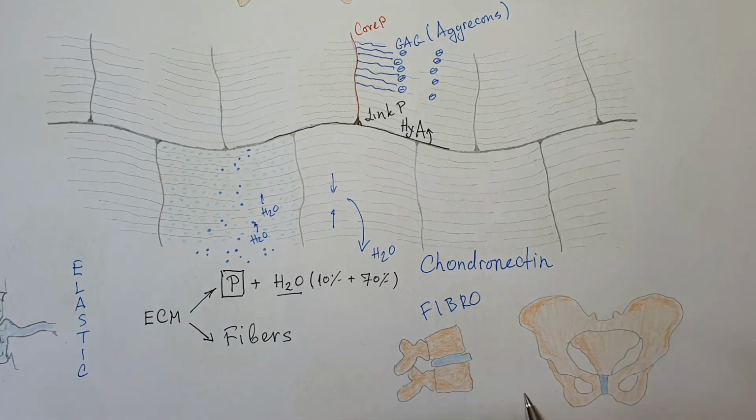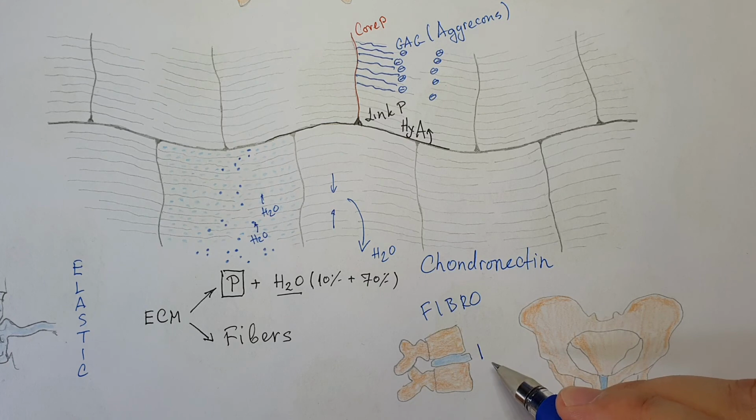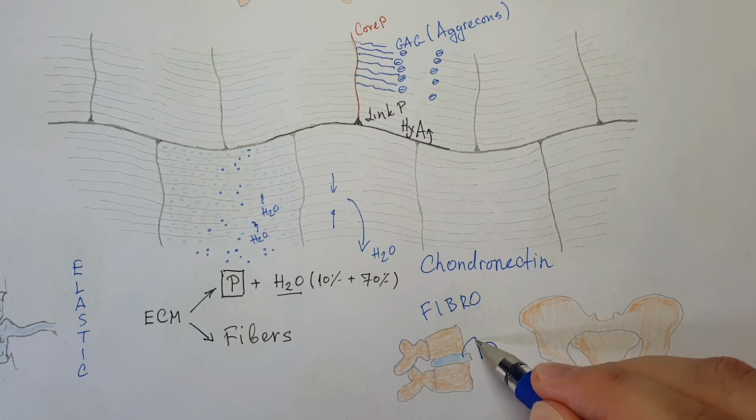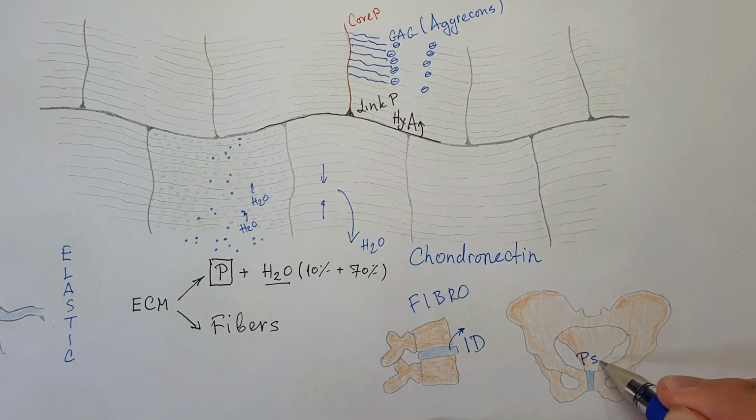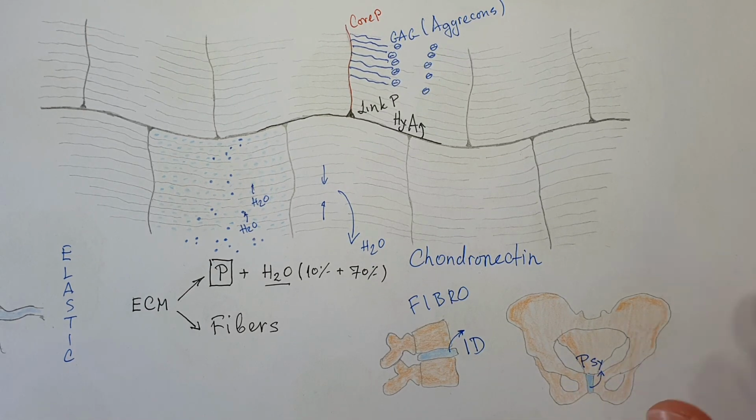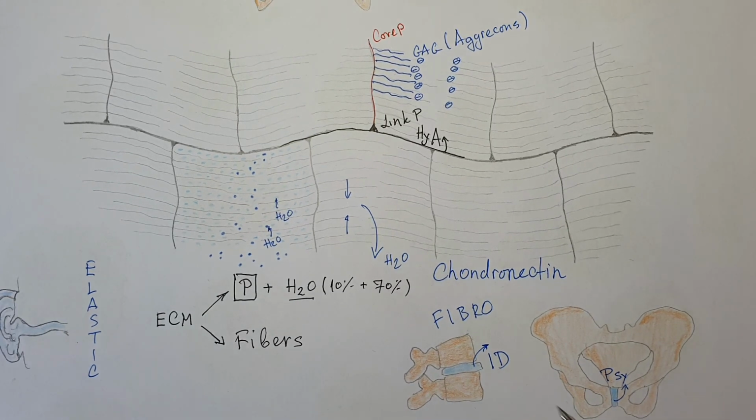Fibrocartilage is found in intervertebral discs and in the pubic symphysis. It is also found in menisci in the knee joint.